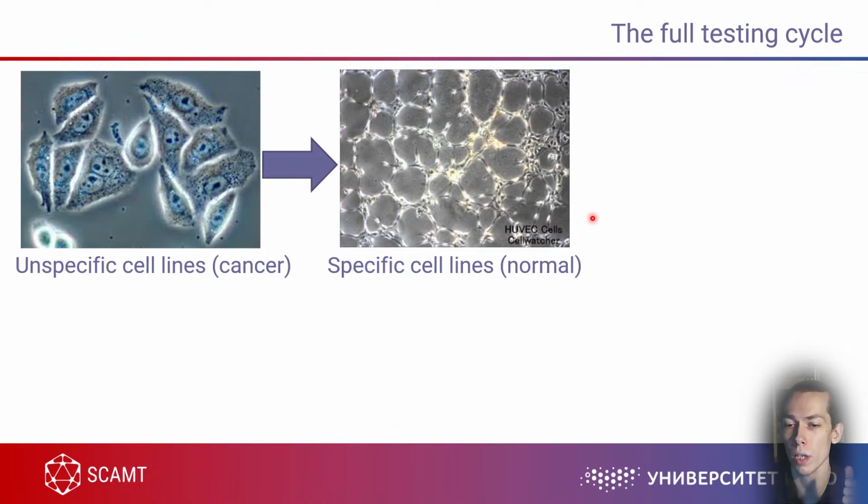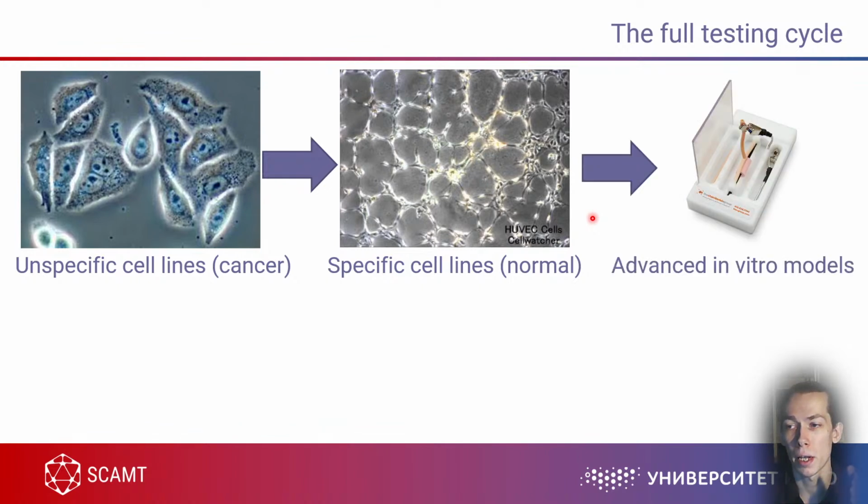After you perform experiments on specific cell lines, you should move to advanced in vitro models. For example, artificial veins or 3D spheroids or some other artificial things. So it's up to you. A lot of things can be considered artificial in vitro models.